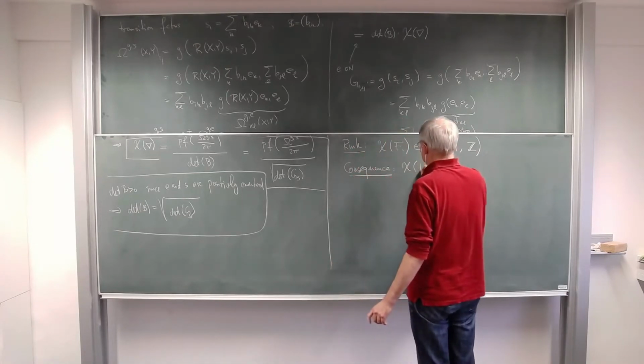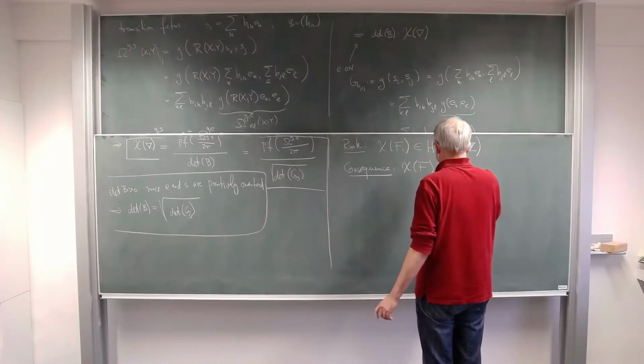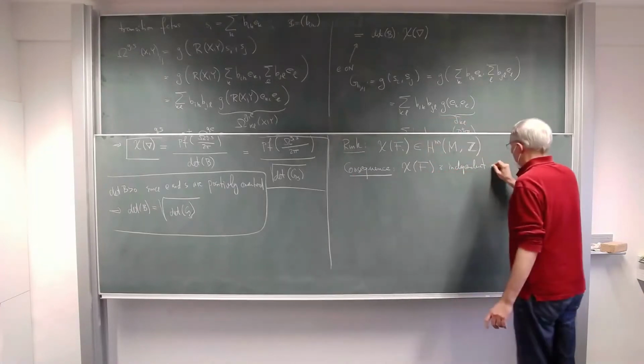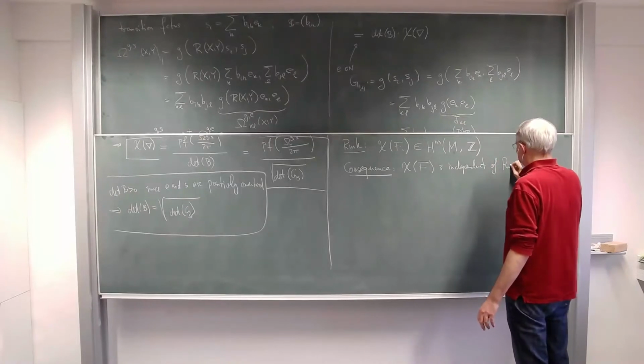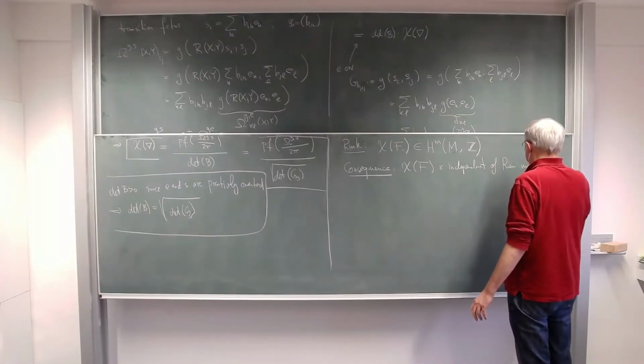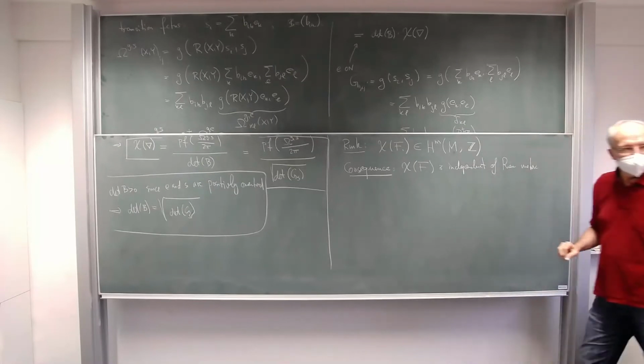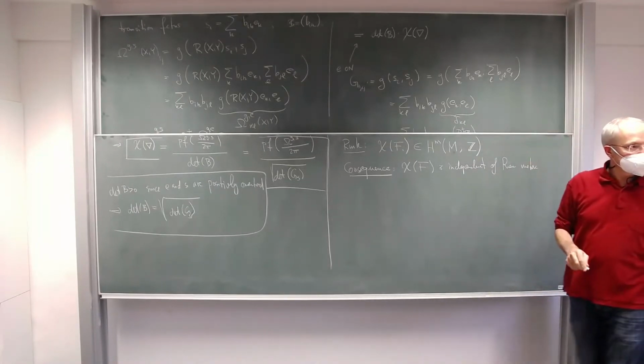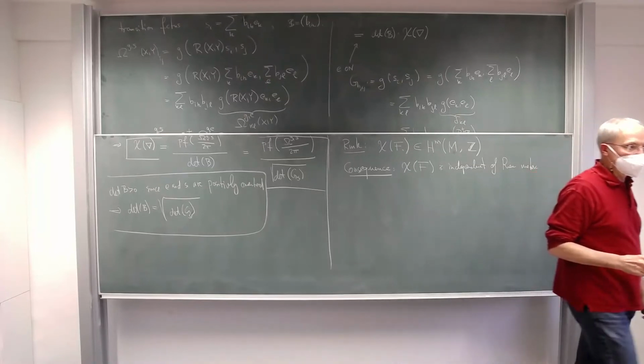This Euler class is actually independent of the Riemannian metric. And you may consider this as a deeper reason why this computation is possible even for non-orthonormal frames.